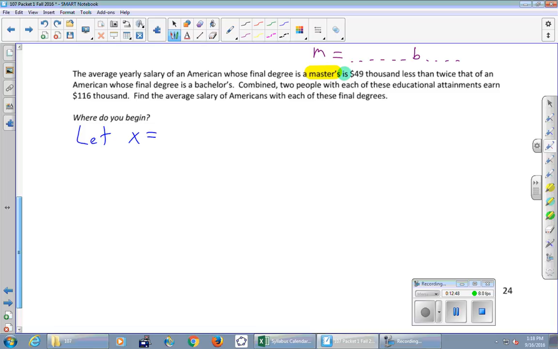So you're welcome to do X. I'm actually going to change that to a B, just easier for me to remember what it represented at the end of the day. What if I say let B equal the bachelor's salary? Salary is a quantity word.